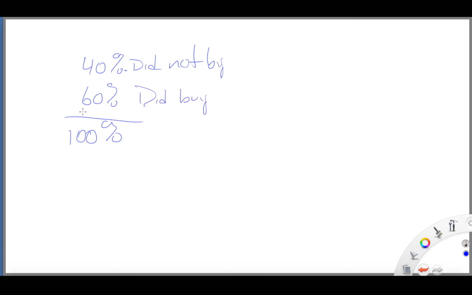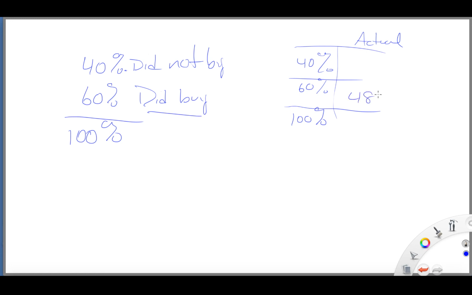You see how I derived that? All I did was the first part of the percent. So it's 40% did not, plus 60% which did, equals the total of 100%, and there's my box right there. Now I have to come up with my actual. What does the rest of the question say? If 480 students buy their lunch in the cafeteria, well, which one did buy?